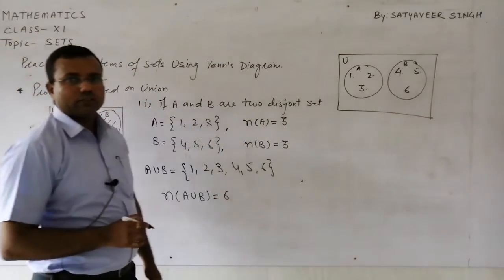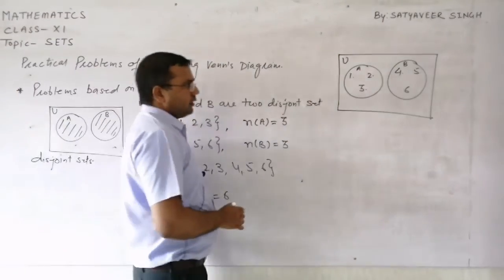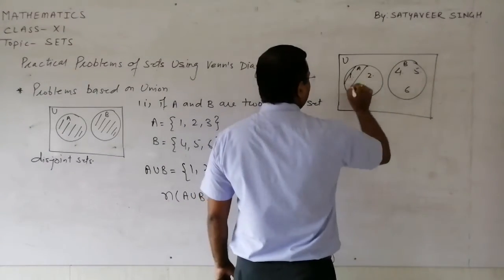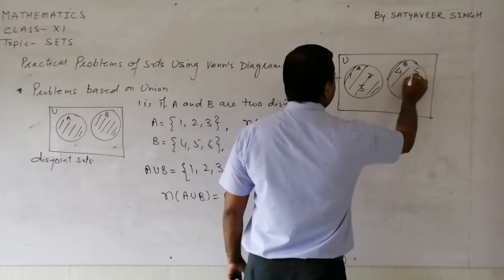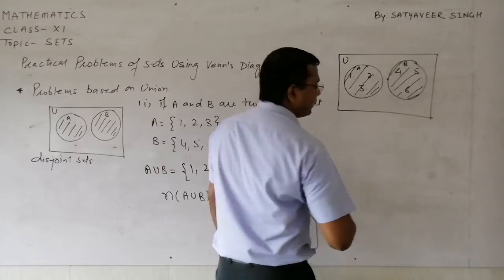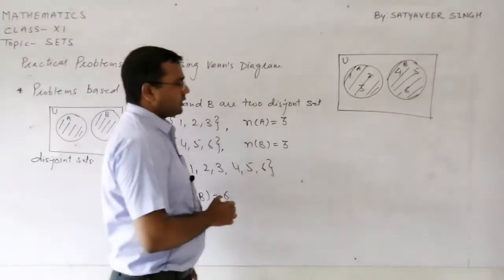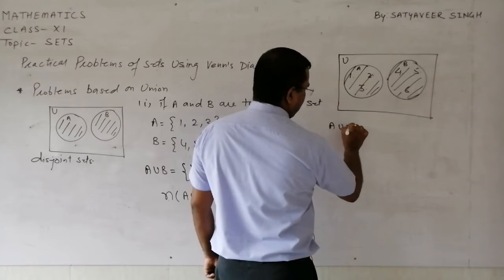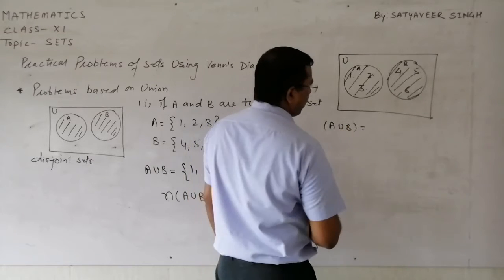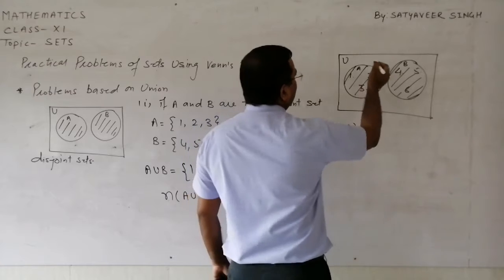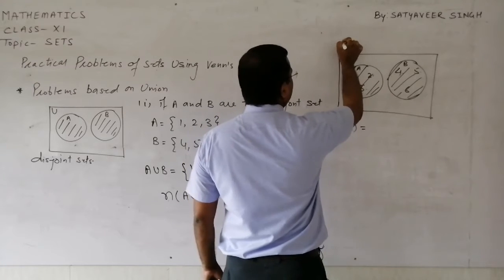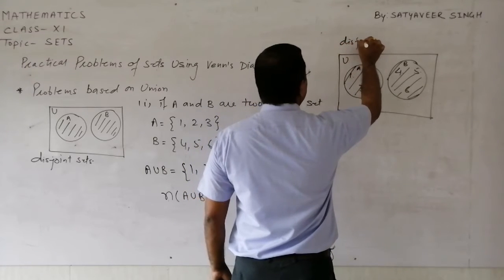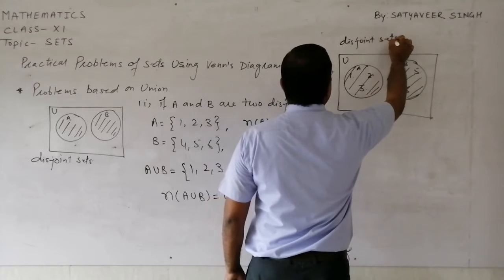We want to find A union B, which means the elements of set A or set B. Right now the sets are disjoint.